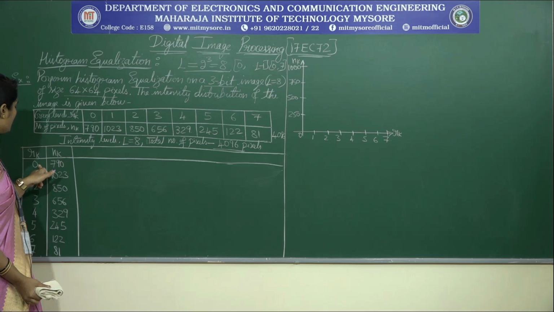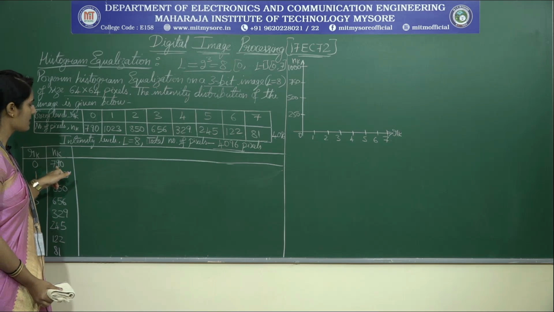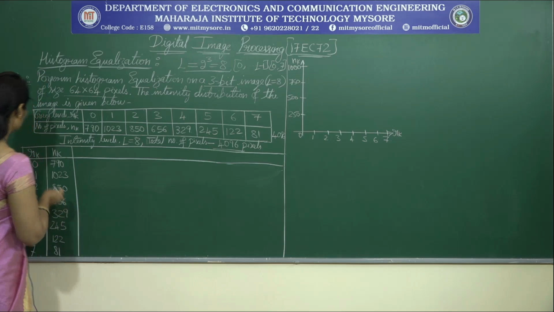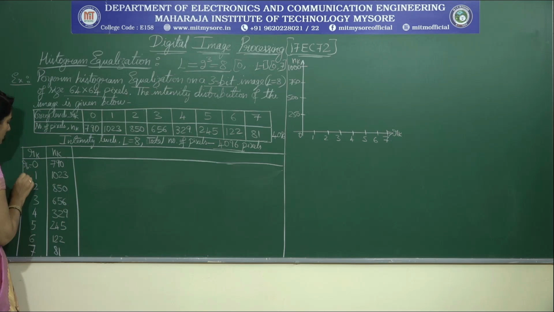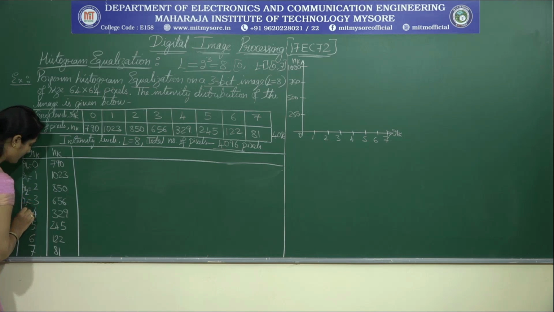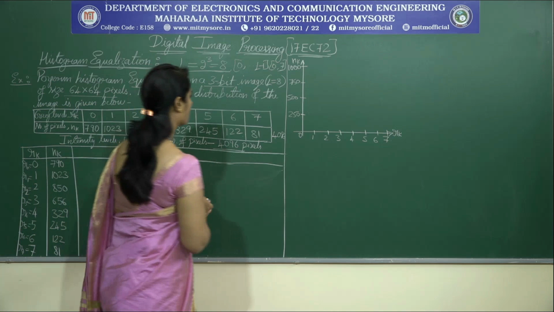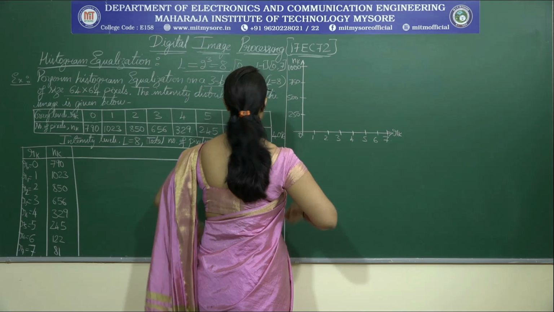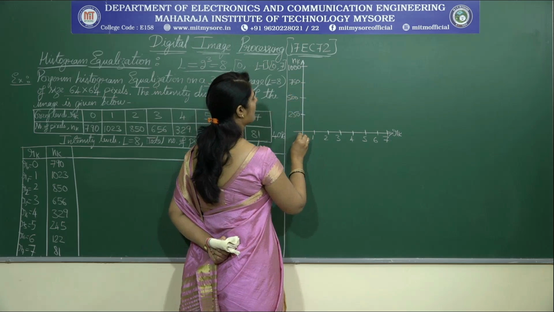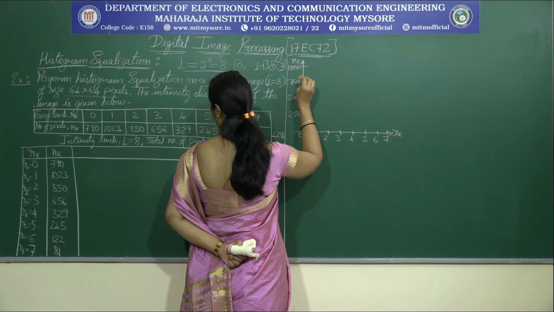So this is r0, r1, r2, r3, r4, r5, r6, r7. For r0, the amplitude, the number of pixels having gray level 0, is 790.